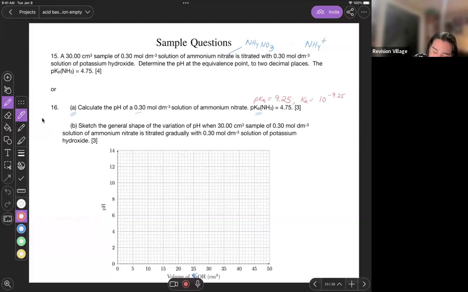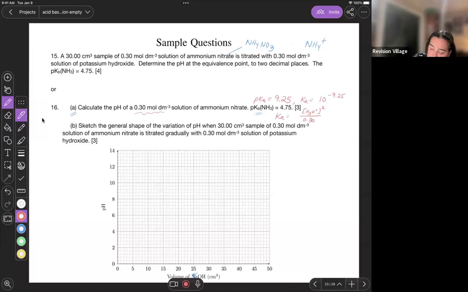Now you know the initial concentration and you know the K value. Are you able to deduce the pH of that system? We practiced this at the beginning. We said that the Ka was equal to the concentration of hydronium ion, which we called X, squared, over the initial concentration.